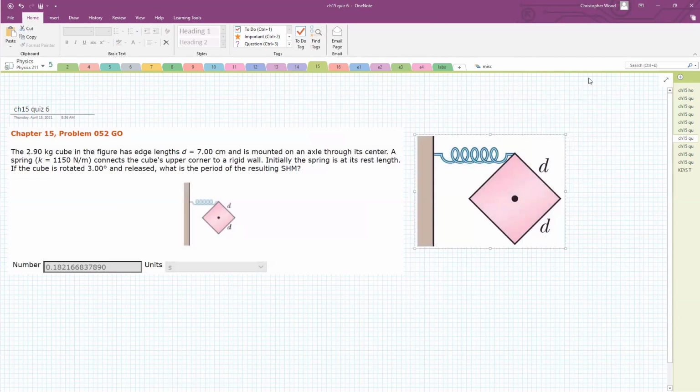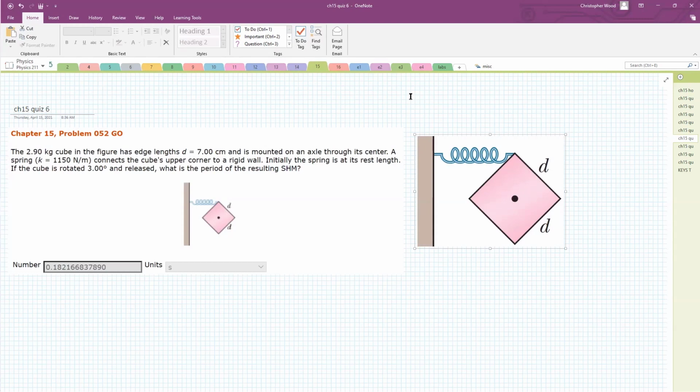You have a cube attached to a spring. And what I basically do, I'm going to walk up to this cube, literally grab that pink cube and twist it clockwise or counterclockwise. So I'll just say clockwise. I'm going to rotate this pink cube 3 degrees and let it oscillate.